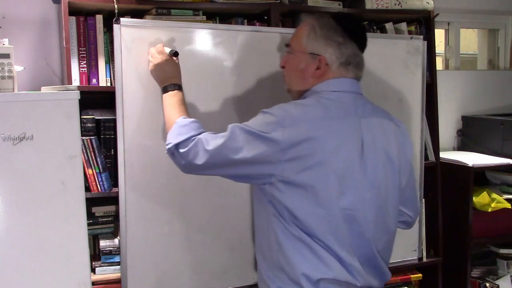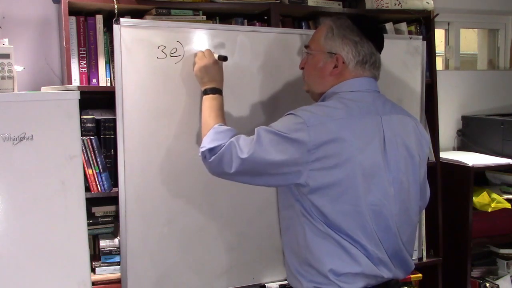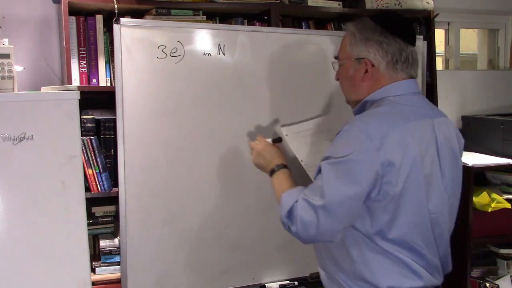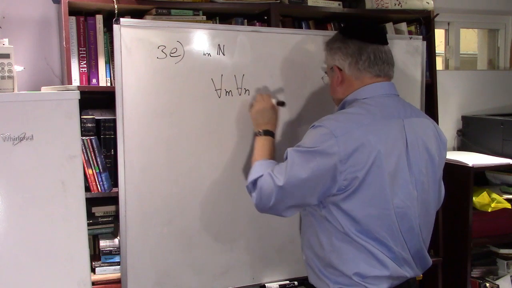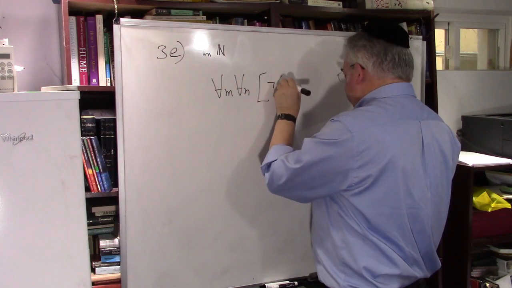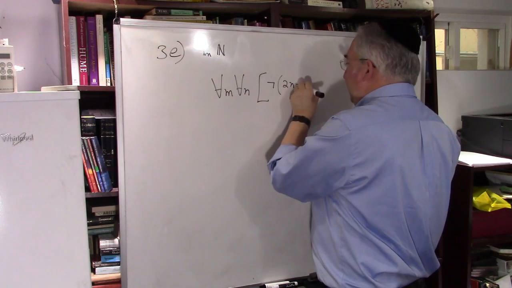This is problem 3E. Okay, and we're talking, the universe of discourse is the natural numbers. Okay, and we have the following statement. For all m, for all n, it is false that 2n is equal to m.